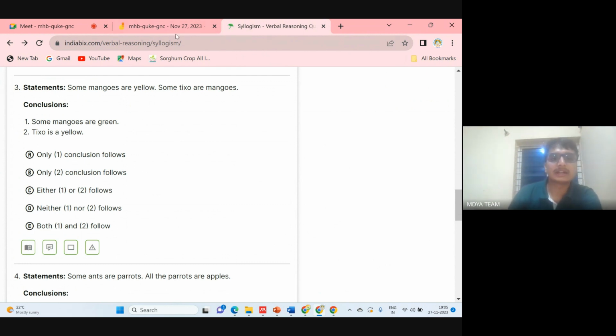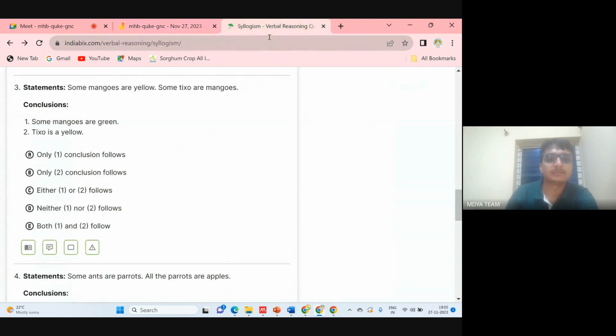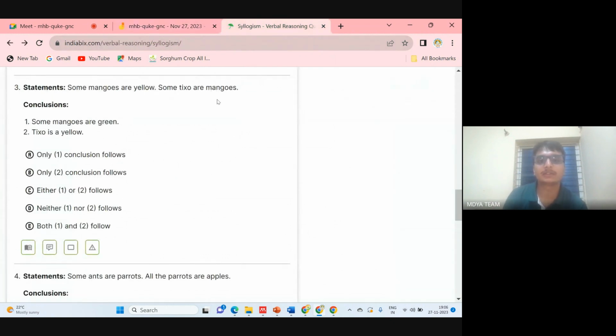Some mangoes are yellow. So this is mangoes. These are yellow. And some tixos are mangoes. Okay, so in this two Venn diagrams are possible. It is saying that some tixos are mangoes.